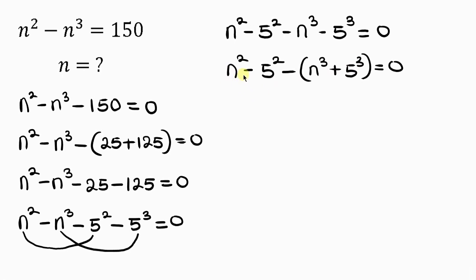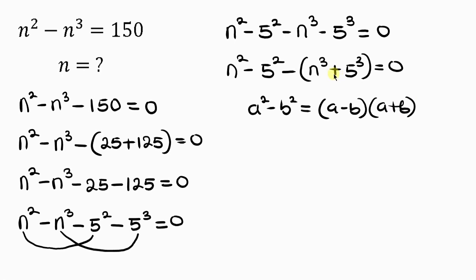So for difference of two squares, the property is a squared minus b squared. This is same as a minus b times a plus b.